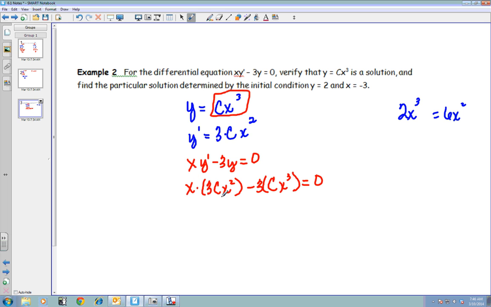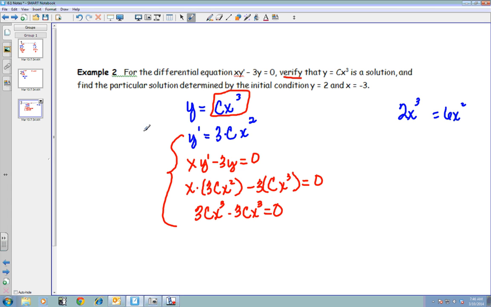Well, if I take x times this, I have 3cx squared, so I'm going to add my exponents. And do you see that I do have the exact same thing? So yes, this is a solution to this differential equation, and we knew it was supposed to because it says verify that it's a solution. So your verification is your work.